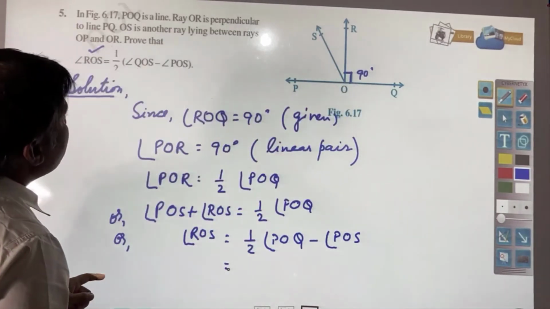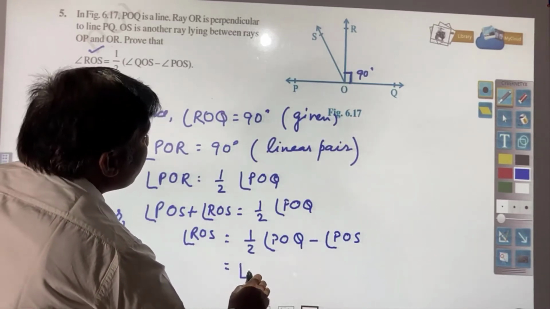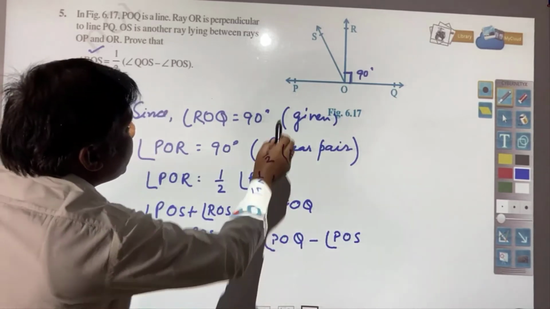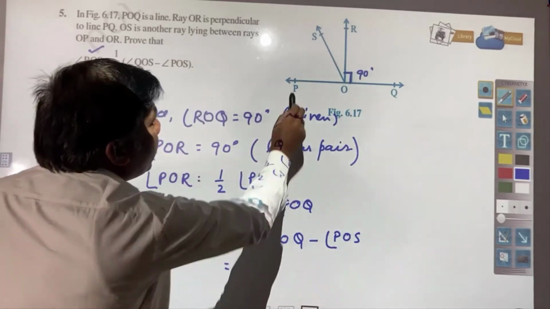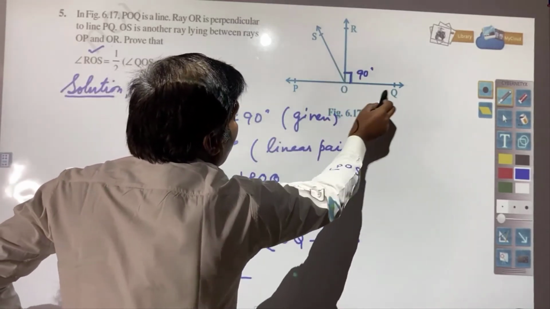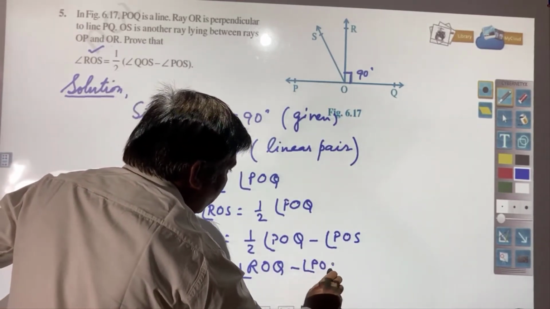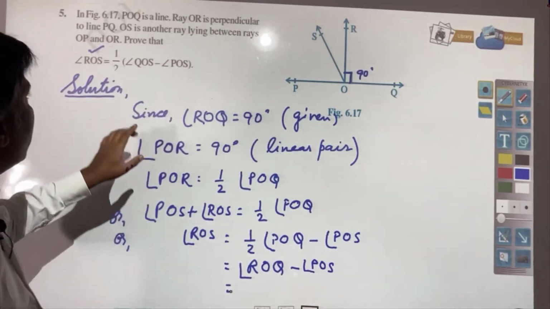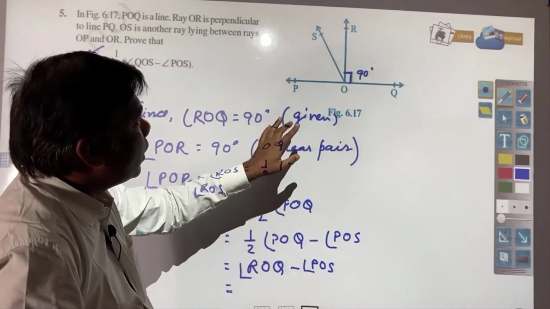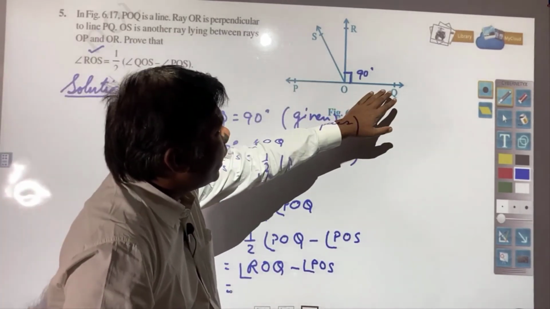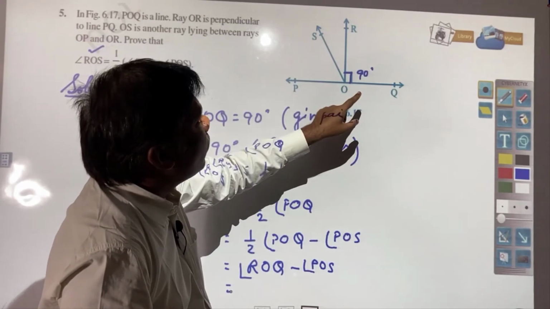Now this angle ROS can be written as half of POQ, and half of POQ can be written as ROQ. So ROS is ROQ minus angle POS. Now you need to get QOS over here, so this can be changed in the form of QOS.